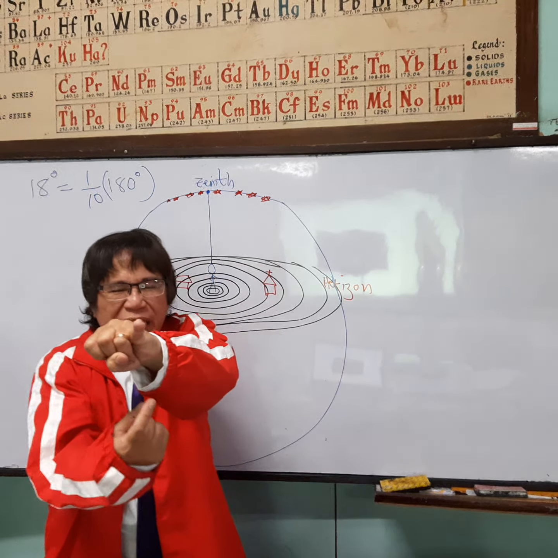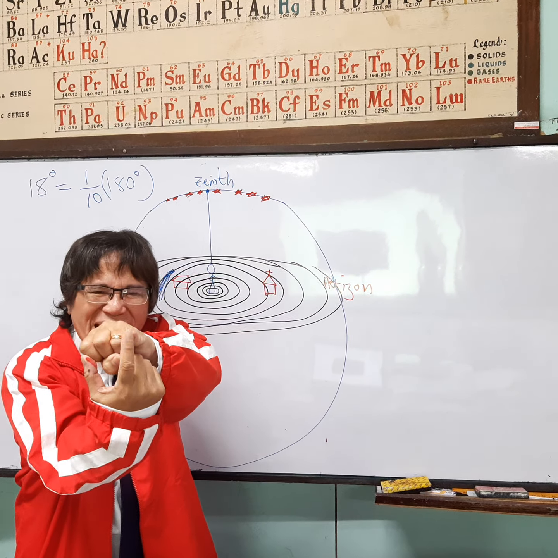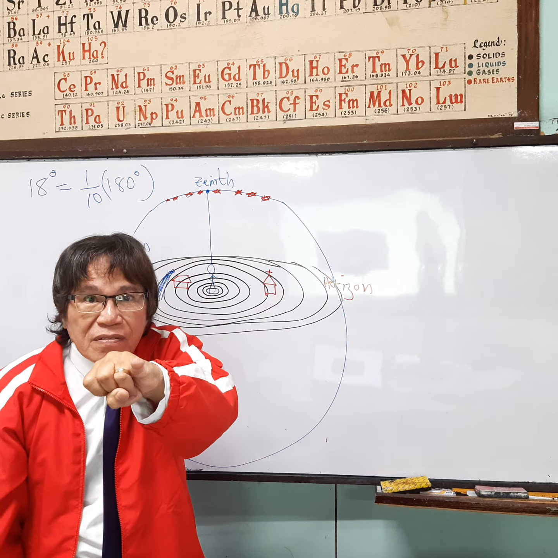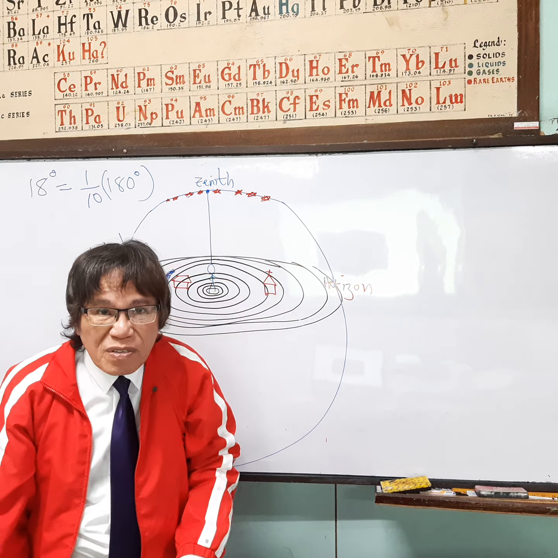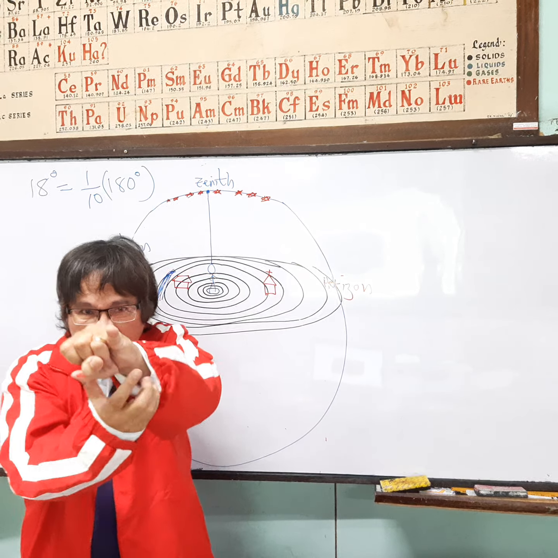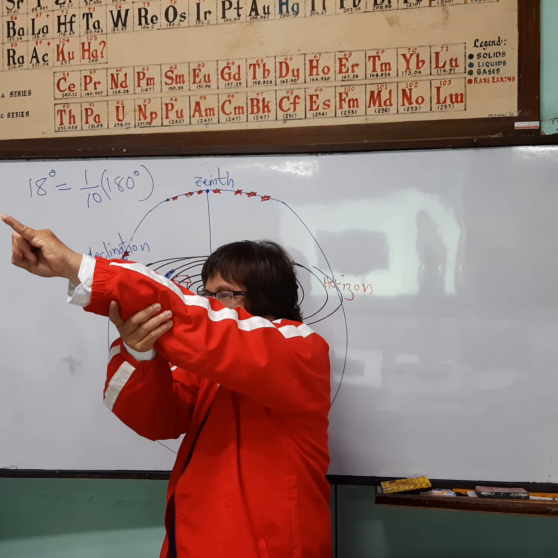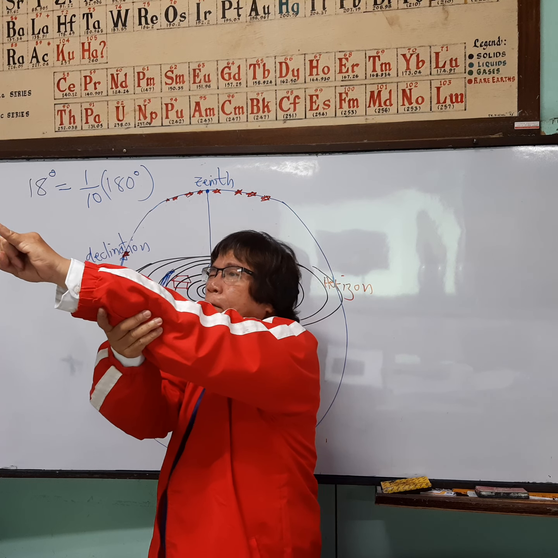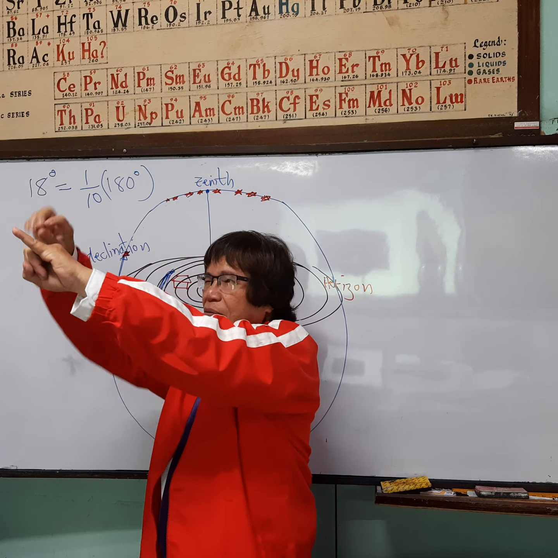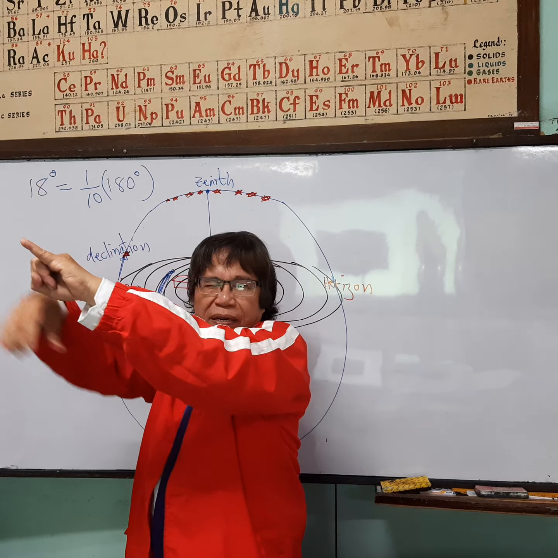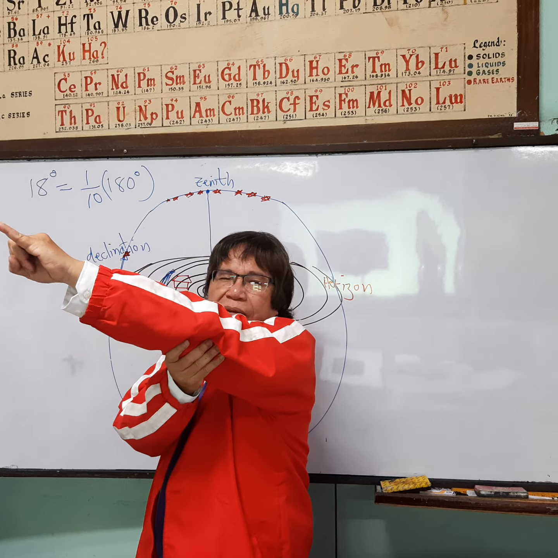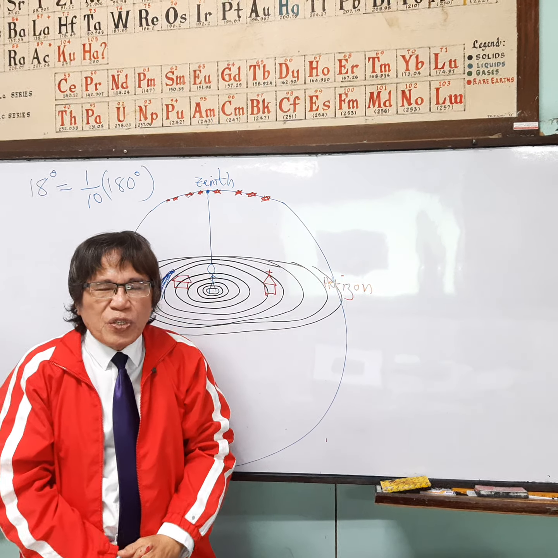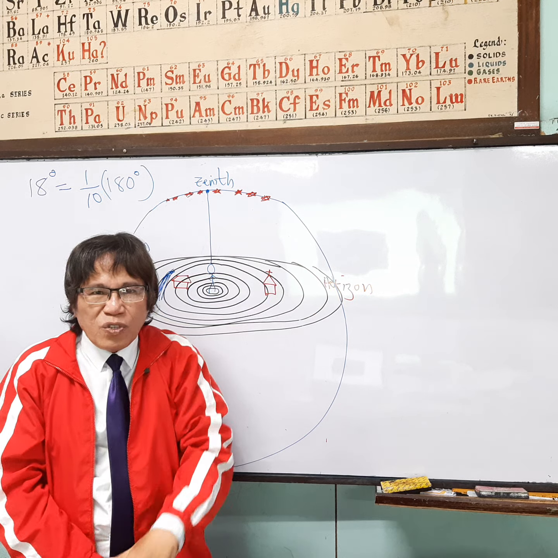So, you only need half of your pinky to cover the full moon, because the full moon has a length of only 0.5 degree, and this pinky finger has a width of about 1 degree. So that is how we are going to measure distances using our hand.